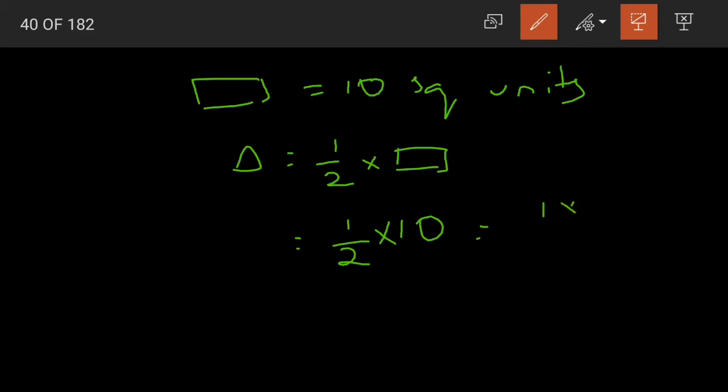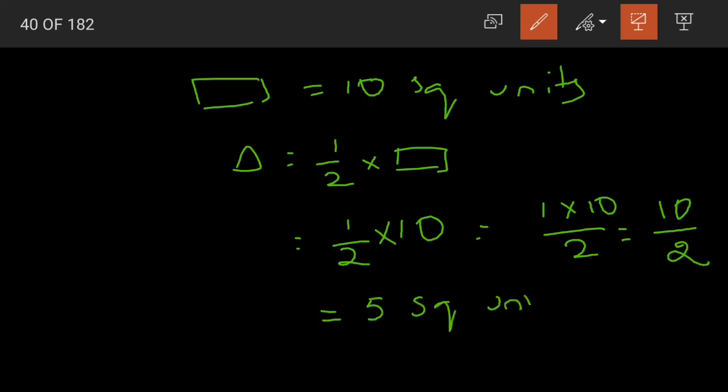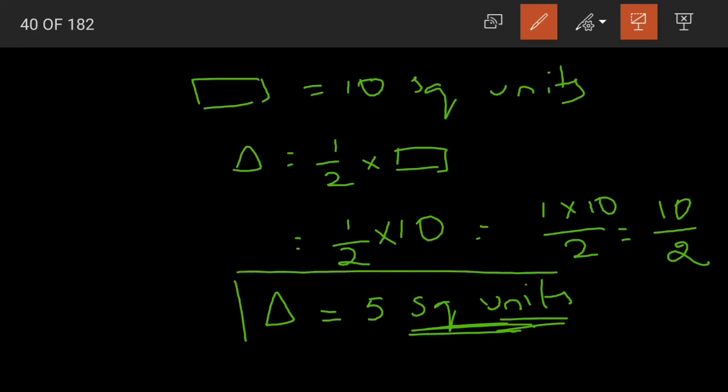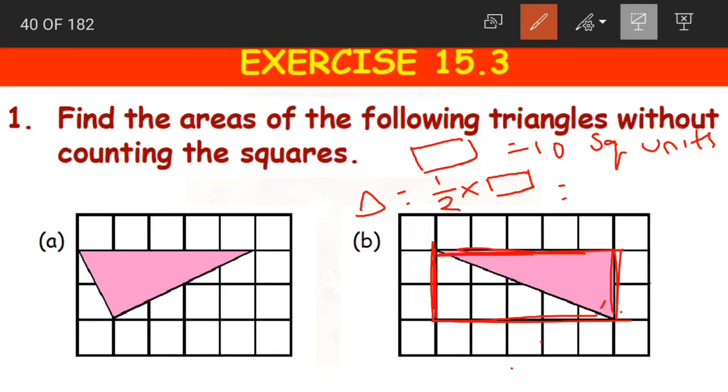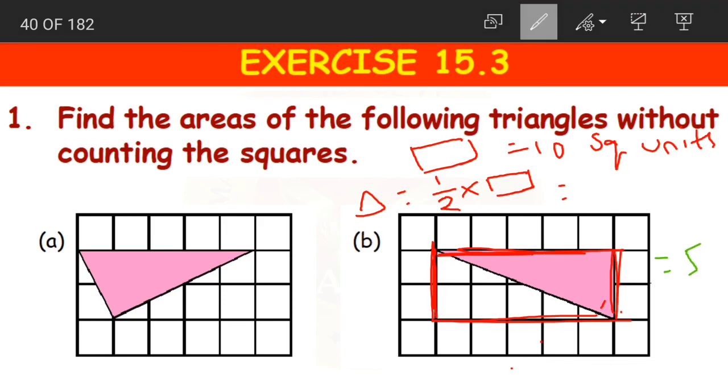How do we multiply? 1 into 10 divided by 2 is equal to 10 divided by 2, that is equal to 5 square units. Don't forget to write the words square units here. Yes, so the area of the given triangle is 5 square units. Is this clear, children? 5 square units.